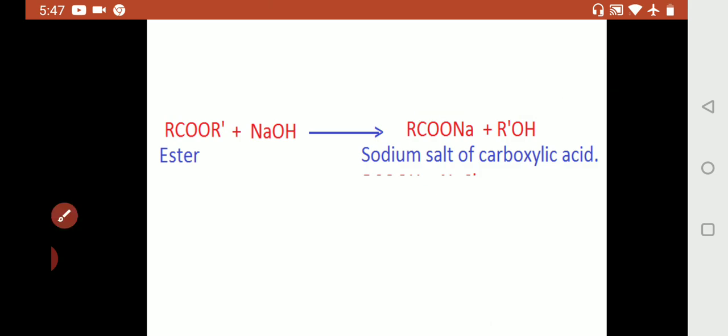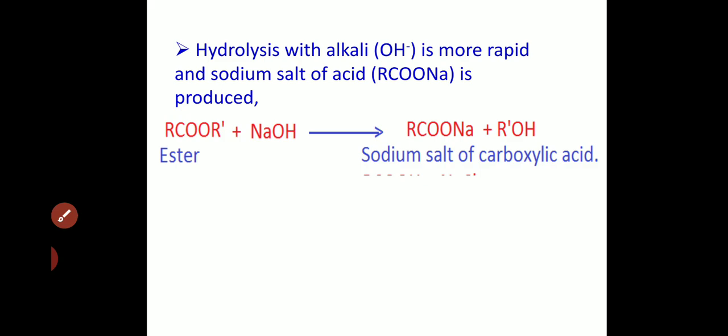Now this is written in the form of a statement. Hydrolysis with alkali, that is in presence of a base OH minus, is more rapid and the sodium salt of carboxylic acid is produced. RCOONa is the sodium salt of carboxylic acid.